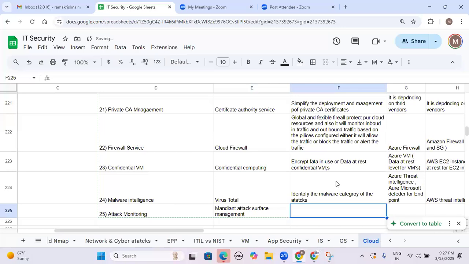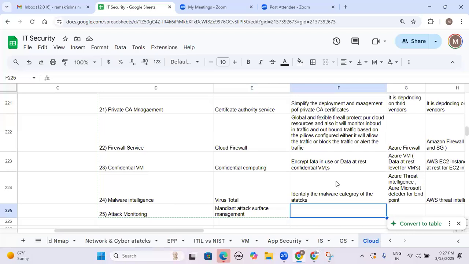Now what exactly will Mandiant Attack Surface Management do? It will do asset discovery, internet asset discovery or internal discovery, and it will do monitoring and also management. That is called attack surface management. It covers how the attacker comes in as an entry point into the organization through the cyber kill chain process by doing recon.